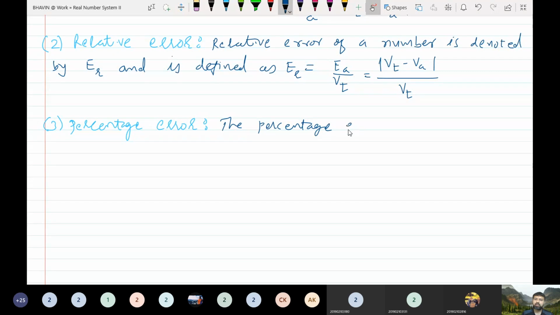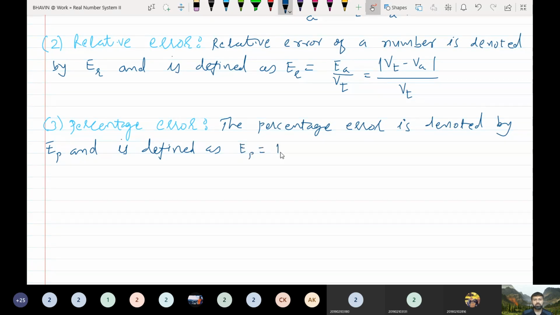The percentage error is denoted by EP, here P, and is defined as EP equal to relative error multiplied by 100. Then we can find out its percentage error. Okay, so these are the three types of error.